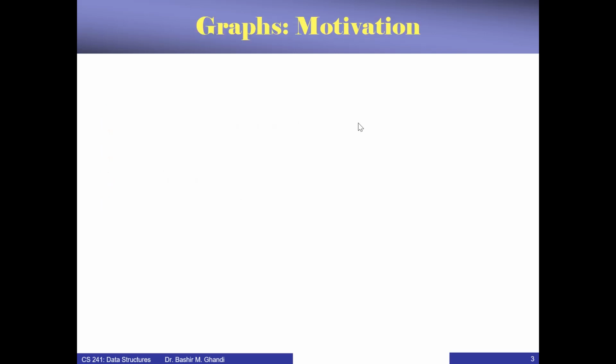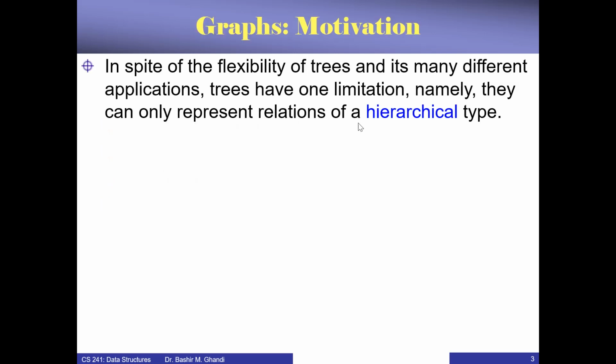So let's start with the motivation. It says here that in spite of the flexibility of trees and its many different applications, they have a limitation. And that limitation is that they can only be used to represent hierarchical relationship where you have one element at the top called the root, and then it will have children, and then those will have children, and so on.